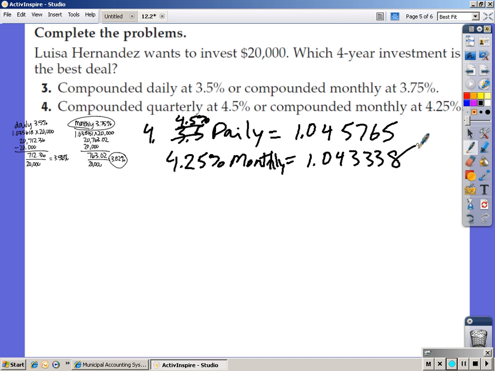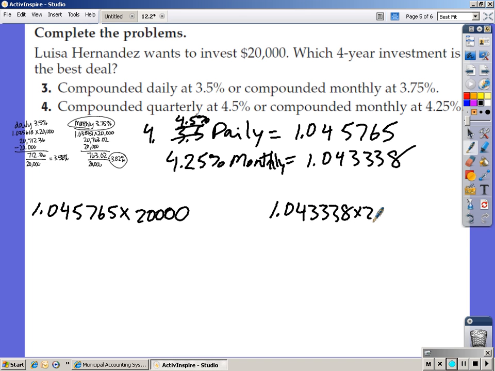Take 1.045765 times your original investment of $20,000. Okay, do the same thing with the 4.25% number. And remember, these numbers are from table A4, page A14 from the table. Okay, now work both of those out.